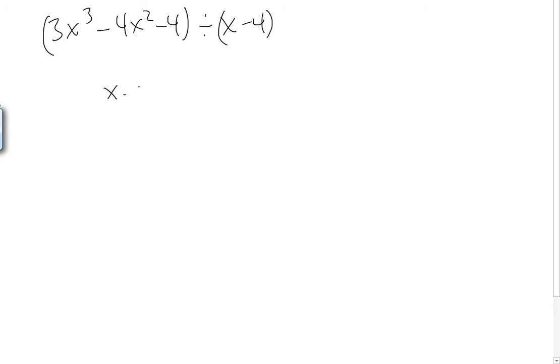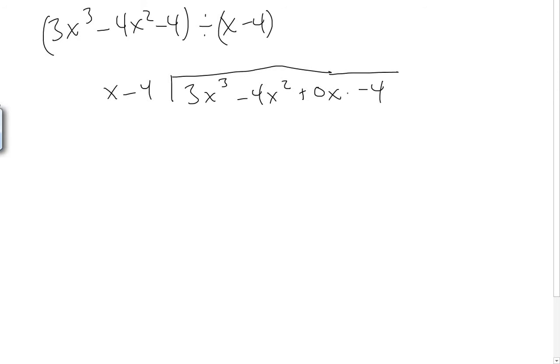Well, then x minus 4 still goes on the outside, but on the inside I got to be a little bit careful. 3x cubed goes first, minus 4x squared, but there's no x term. And so maybe I'll need it, because I might end up with an x term when I multiply through, so I'm going to put a plus 0x here, minus 4.